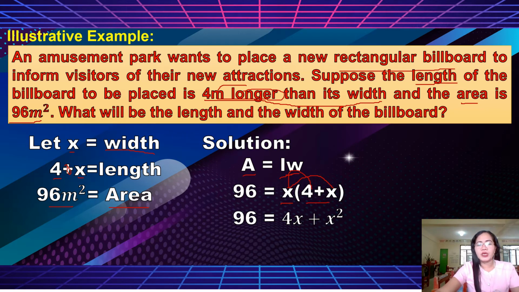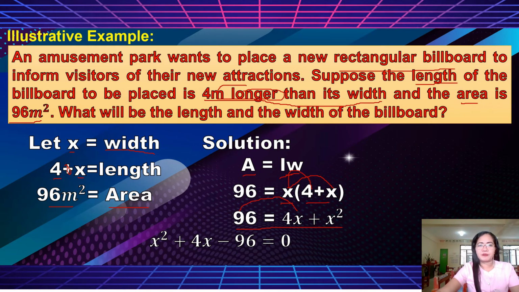Afterwards, we're going to rewrite this equation in standard form, which is ax squared plus bx plus c equals 0. So x squared comes first, then 4x, and we use transposition: 96 is transposed and becomes negative 96, then equals 0.